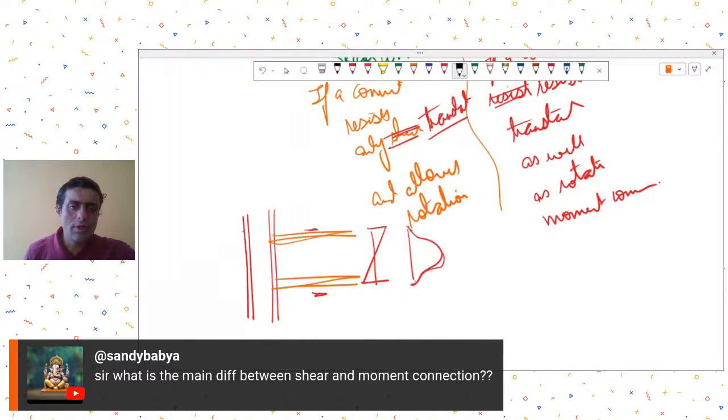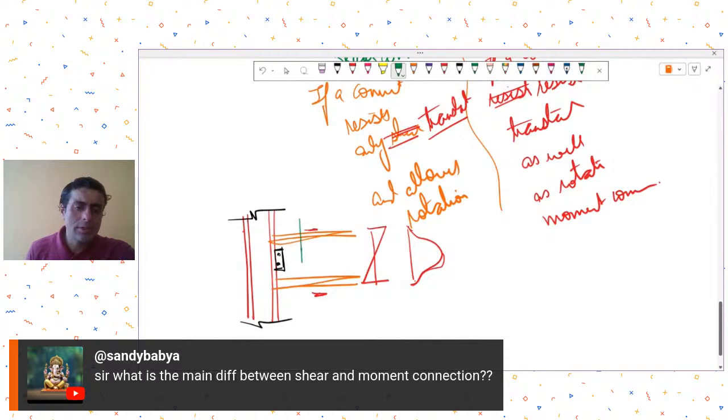So if I wanted a shear-like connection, I will only hold the web, and there can be various ways of holding the web. To the column flange, let's say, I'm only holding the web portion of this beam.